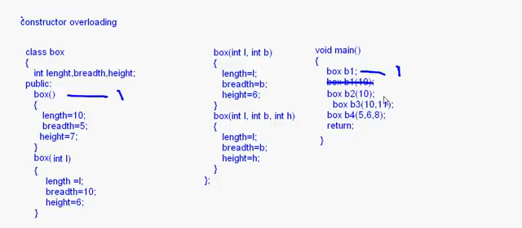Now I am saying box B2 within bracket 10, so it has got one integer parameter, so it will look for that constructor which has got one integer parameter, and this is it. So here L will become equal to 10, so when I say length is equal to L, this length will become equal to 10, right, and breadth will be 10 and height is equal to 6.